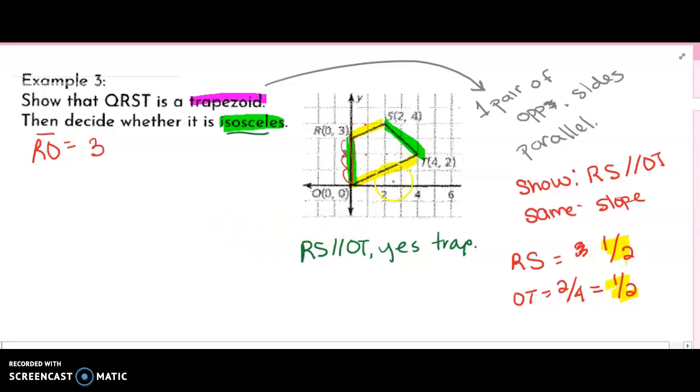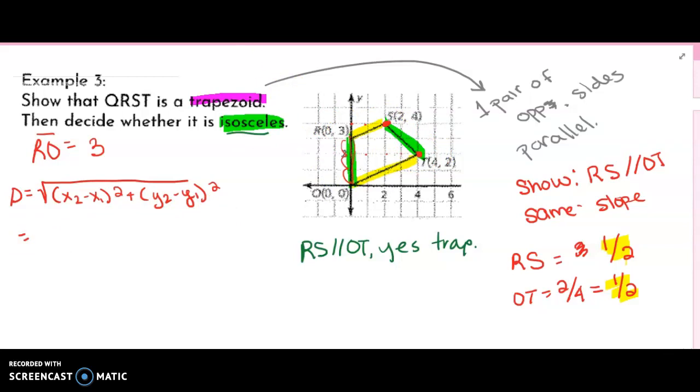Okay, now I have to use the distance formula for ST. So square root of x2 minus x1 squared plus y2 minus y1 squared. Okay, so S and T, here's S, here's T. And so I'm going to use 2, 4 and 4, 2.